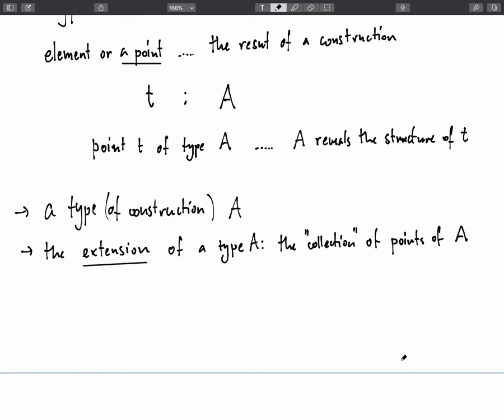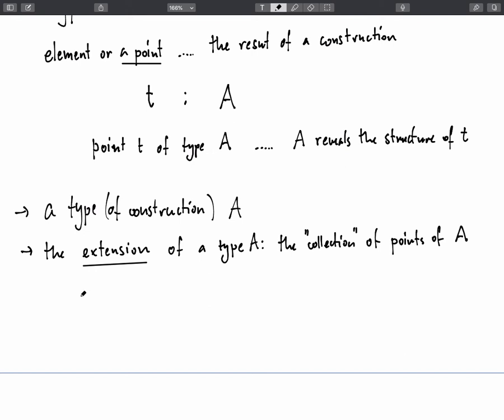A type is a set of rules that describe certain kinds of constructions and their structure. It is about the structure of its elements. It's not about which elements, what is the extension of them.